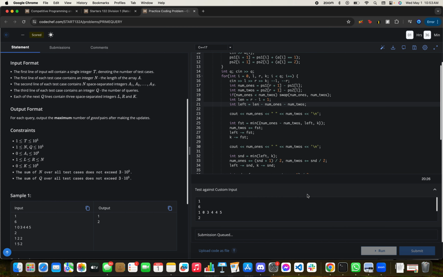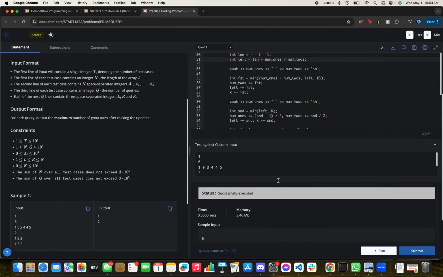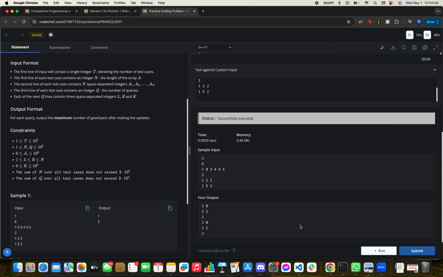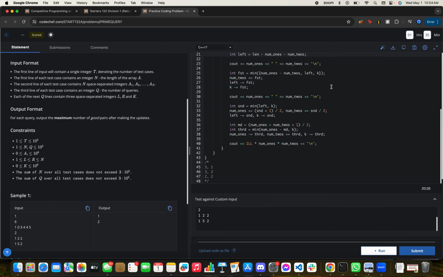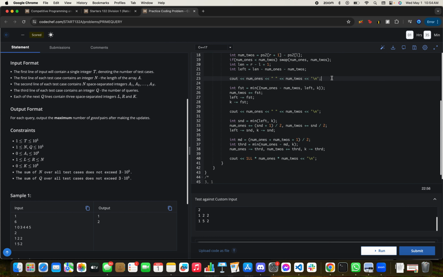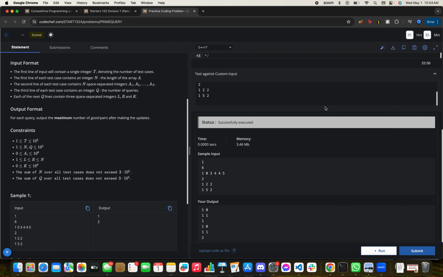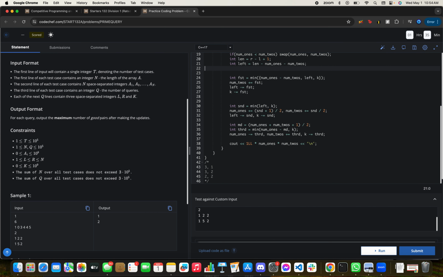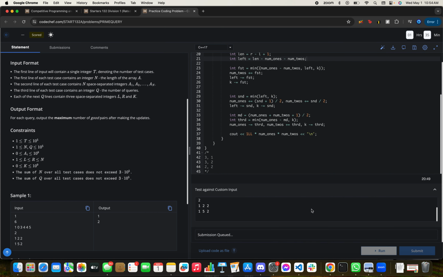Let's try that. Oh, this just gets both samples correct, but let's think a bit about it. Alright, so let's just come up with a few test cases here.